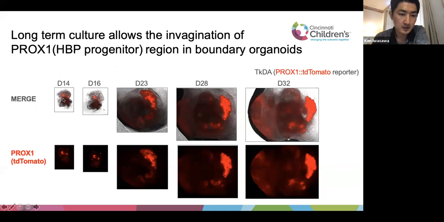So when you see the day 14 boundary organoids, you see the PROX1 expression again rising from the boundary, and as the time goes, you see this invagination, the proliferation of this hepatobiliary pancreatic progenitors from the boundary. This is quite recapitulating the development.